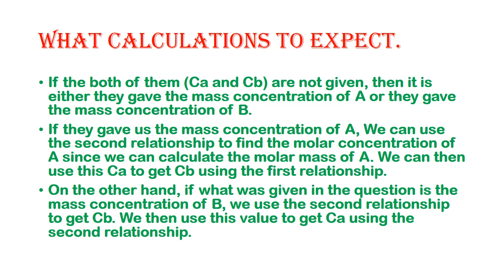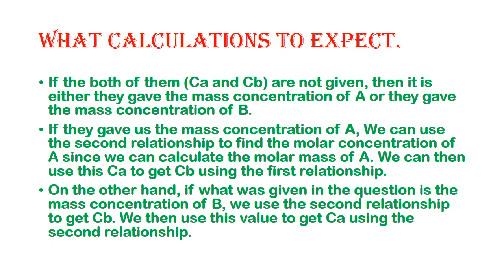Concentration of B in mole per dm³ equals concentration of B in gram per dm³ over molar mass of B. Then you cross multiply, so the concentration of B in gram per dm³ equals the concentration of B in mole per dm³ times the molar mass of B. So if they gave us the mass concentration of A, we can use the second relationship to find the molar concentration of A, since we can calculate the molar mass of A. We'll do an example so you have a better understanding.